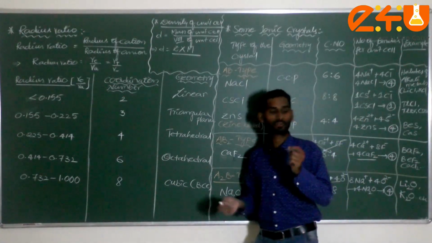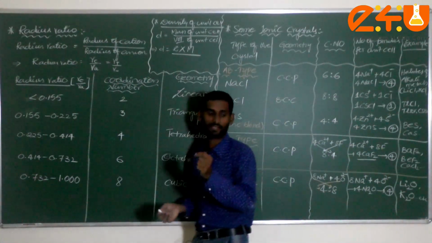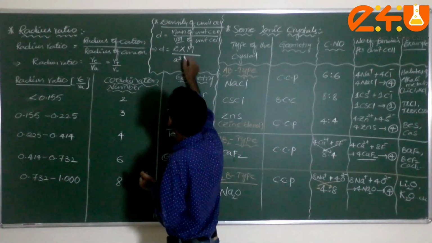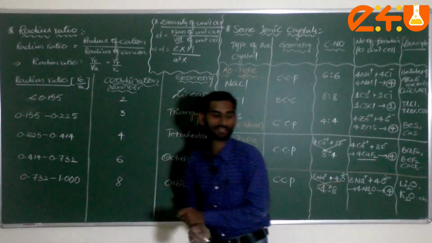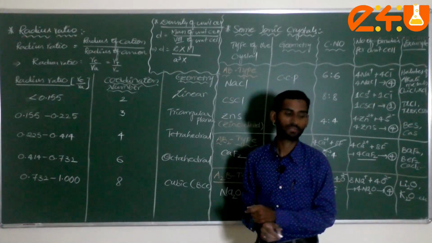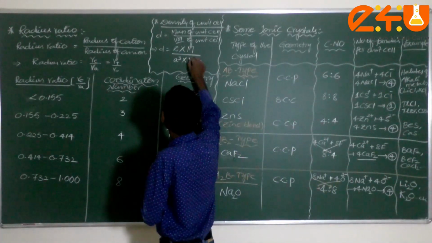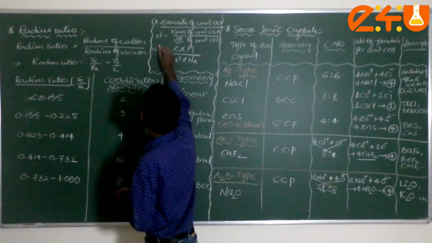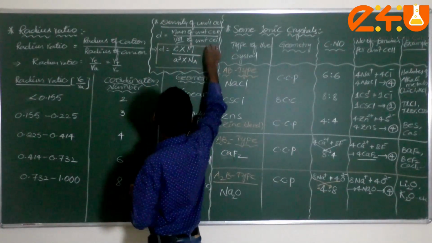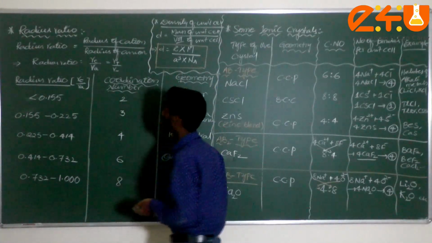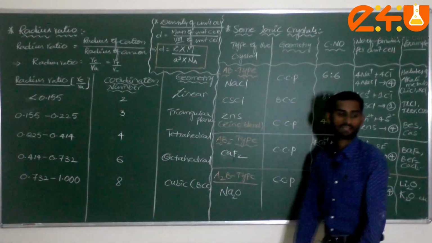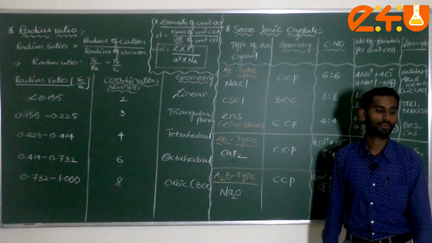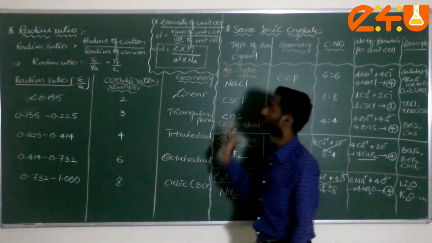For edge length a, it becomes a into a into a, that is a cube, multiplied by the Avogadro number of molecules, Na. Finally the density of the unit cell is D is equal to Z into M divided by a cube into Na.